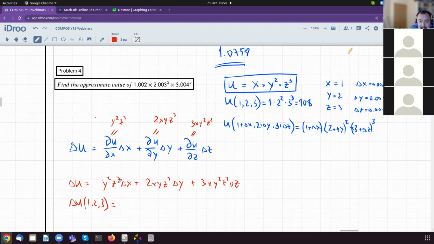That's 4 times 3 cubed, so 108 delta x, plus 2 times 1 times 2, that's 4, 4 times 27, 108 delta y, plus 3 times 1 times 4 times 9, 3 times 36, 108 delta z.